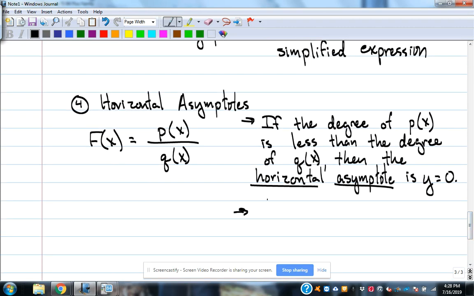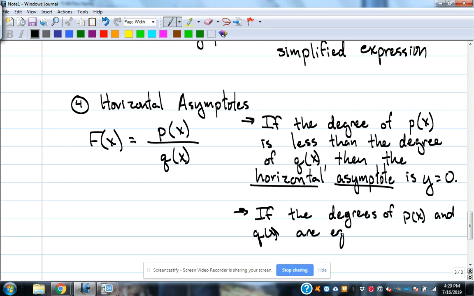All right, so there's one more rule for horizontal asymptotes, and that's that if the degrees of P of X, the top, and Q of X, the bottom, are equal.